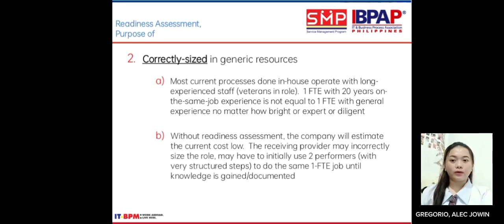B. Without a readiness assessment, the company will estimate the current cost low. The receiving provider may incorrectly size the role, and may have to initially use two performers with very structured steps to do the same one FTE job until knowledge is gained and documented.